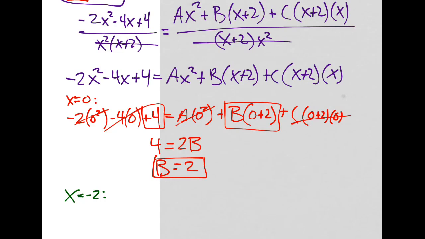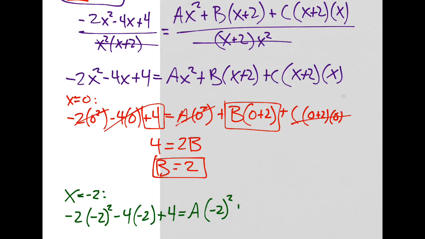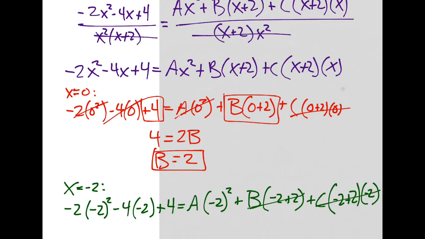If I plug in -2, then on the left, I'm going to get -2 times -2 quantity squared minus 4 times -2 plus 4 equals a times -2 quantity squared plus b times -2 plus 2, which is 0. So b is gone, plus c times -2 plus 2 times -2, but -2 plus 2 is 0, so that term is gone as well.